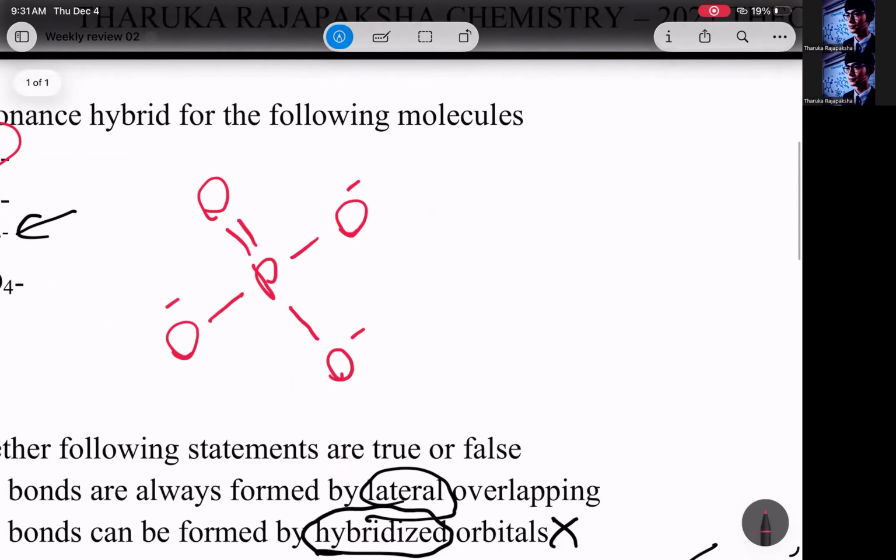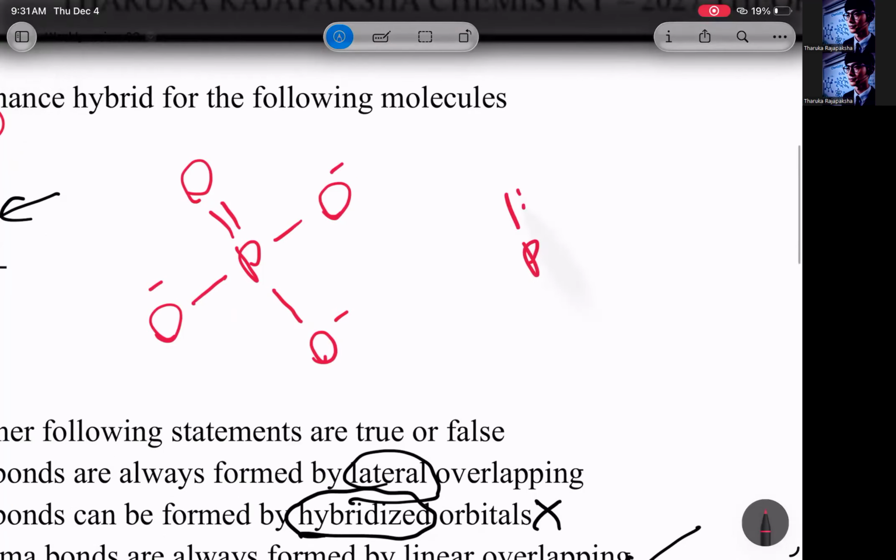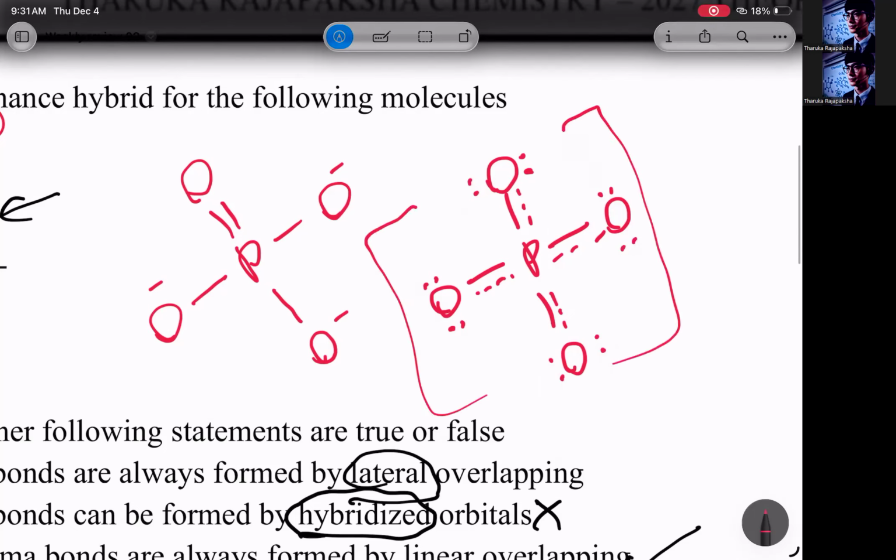In the resonance hybrid, the pi bond is divided into all locations equally. And the minus 3 charge we can write on top, or else write it divided into all 4 atoms equally as minus 3 over 4. That also can be done, and that's correct.